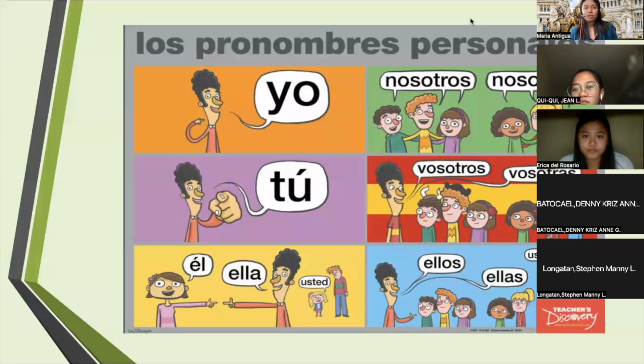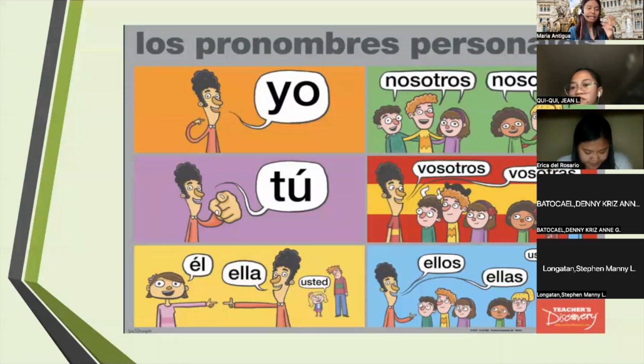For those of you who are visual learners, who learn by seeing photos and graphics, videos, this is a simple graphic. Okay, los pronombres personales, personal pronouns or subject pronouns in English. So yo is I'm pointing at myself. Tú is I'm pointing to you. You're the one I'm talking to.